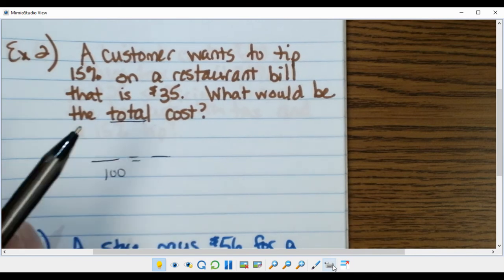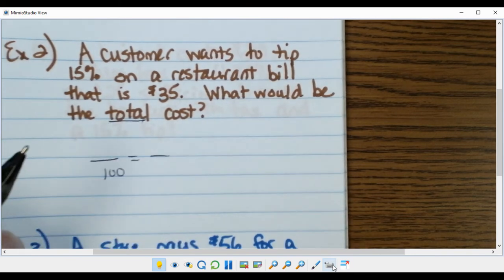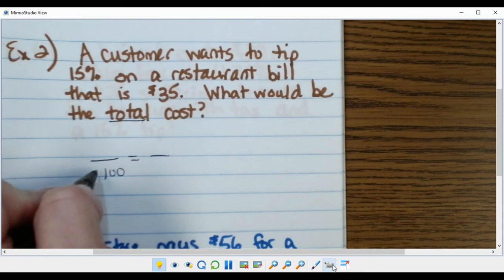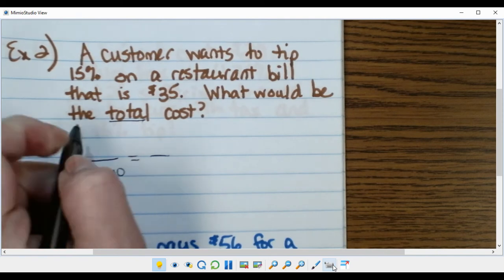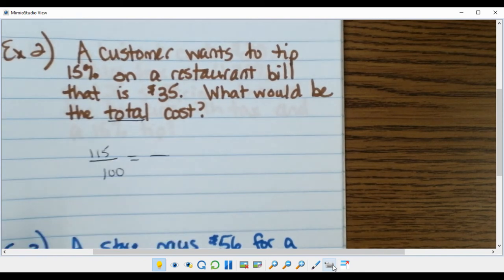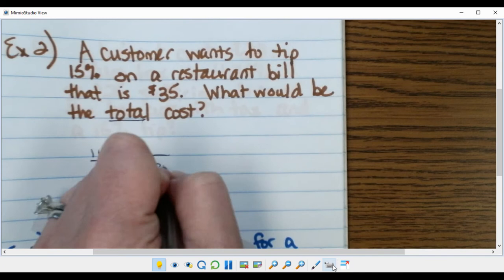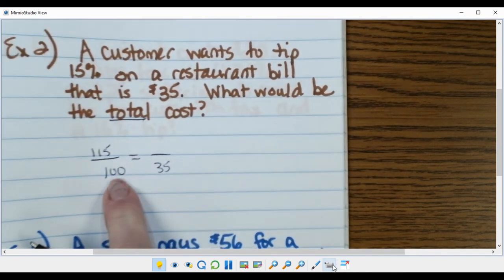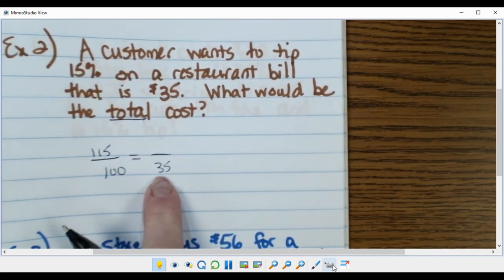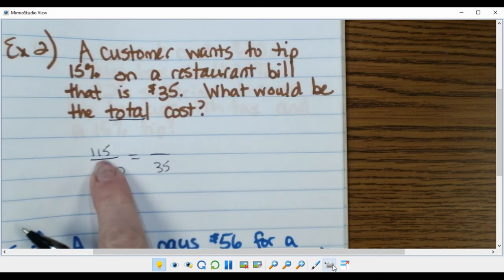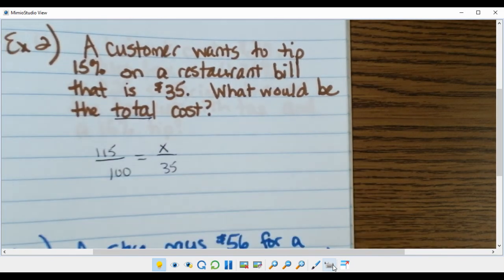I mean, I can figure it out, but it's an extra step that I don't need. So the 100% that I'm paying for the food plus the 15% is everything that I want to pay. My food is going to cost me $35. 100%, $35. Extra added on, we'll see what it is.